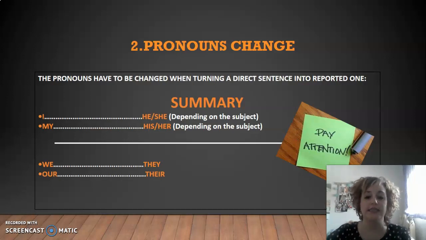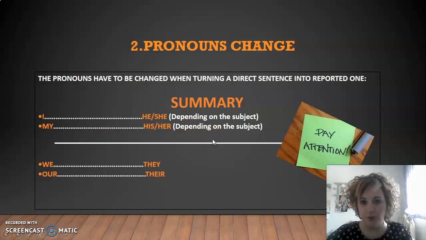Okay, so we're going to see a summary here, another table to take into account. The personal pronoun I is changed in the indirect or reported sentence into he or she, depending if it's a boy or a girl. The possessive adjective my is changed into his or her as well, depending on the subject.